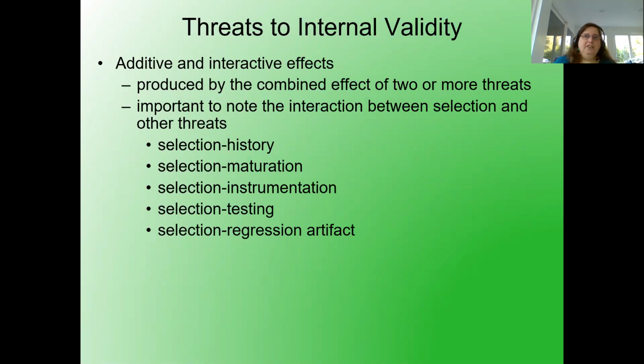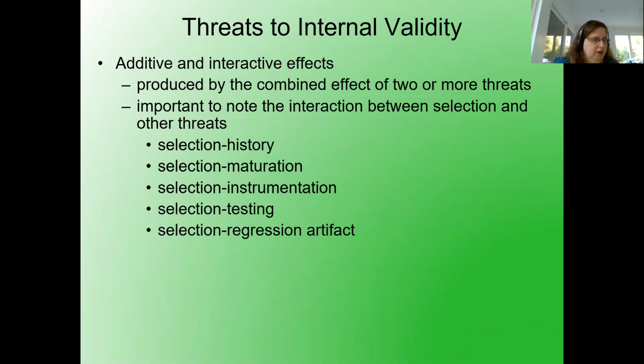And then our last set of threats to internal validity are additive and interactive effects. This is produced by the combined effect of 2 or more threats. And in particular, the interaction between selection and other threats tends to come up more and tends to be an important one.